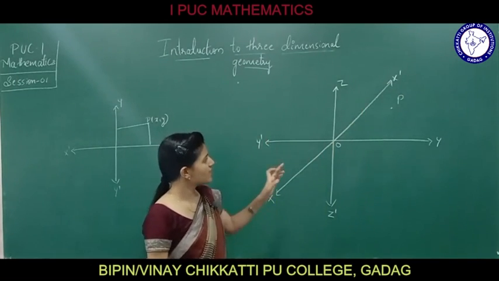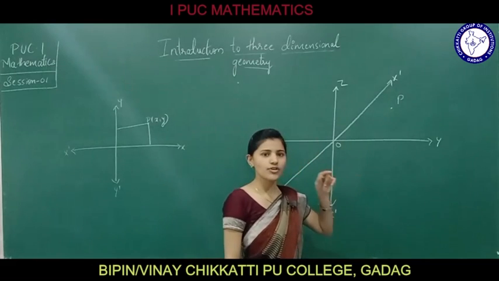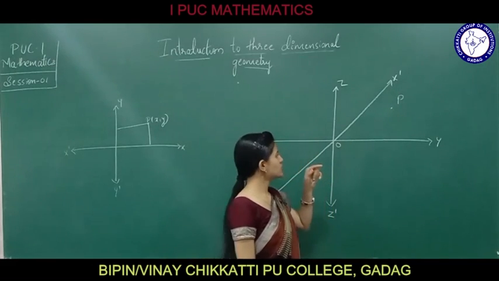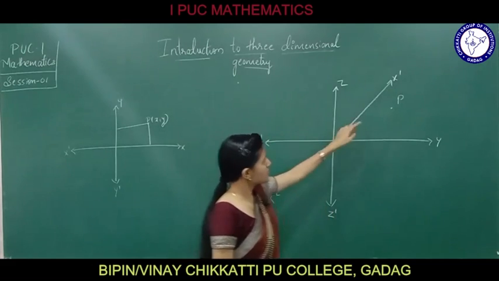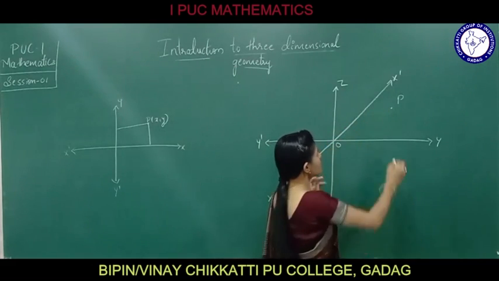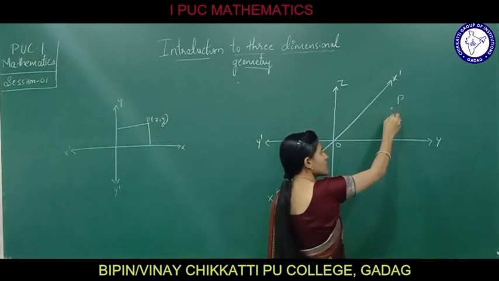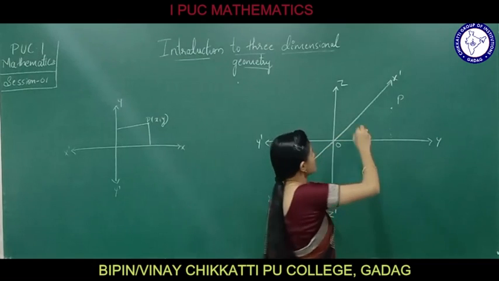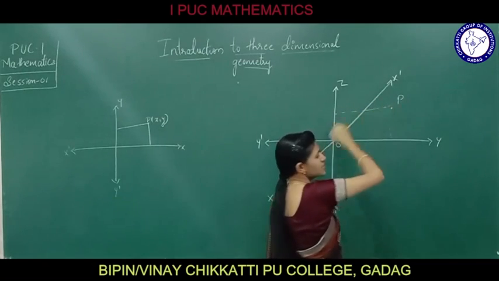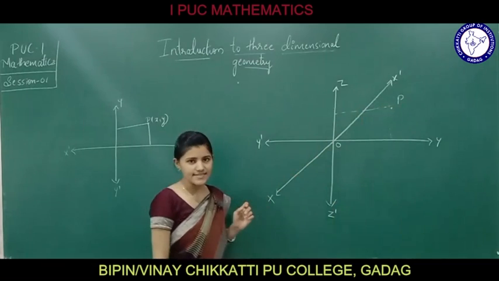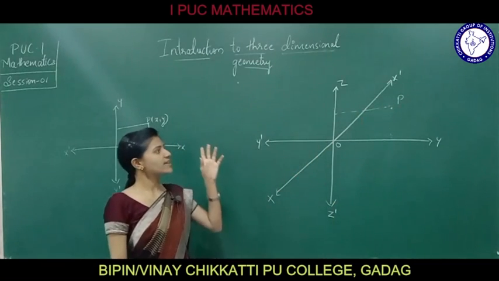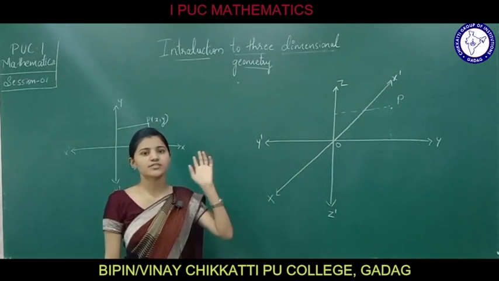If you want to find its position, we say its distance should be found with respect to the y-axis, z-axis and also the x-axis. Then only can we find the position of this point P.